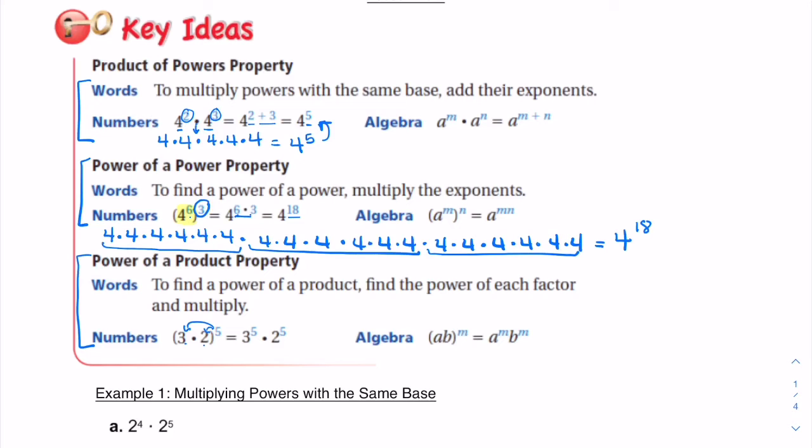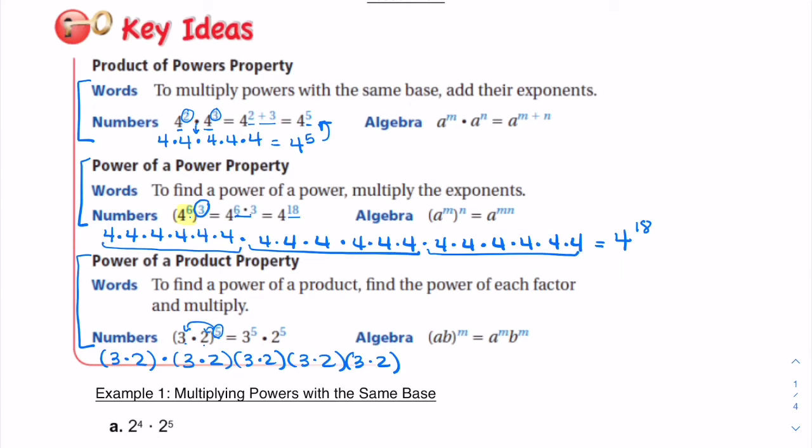Why does that work? Aquí tenía un grupo de 3 por 2. ¿Cuántas veces se va a repetir? 5 veces. So you're going to have times 3 times 2 times 3 times 2 times 3 times 2 times 3 times 2.